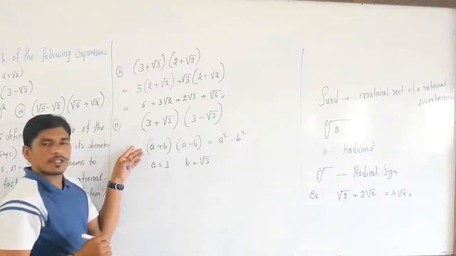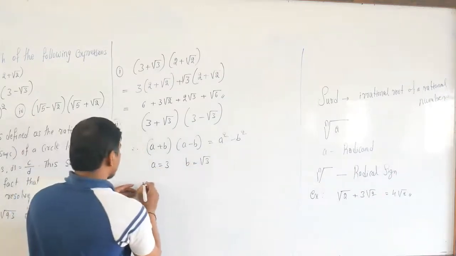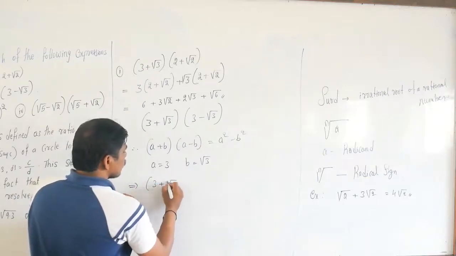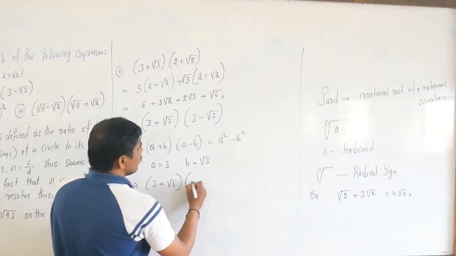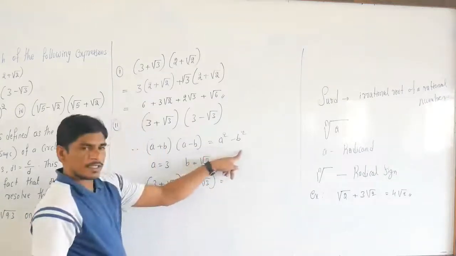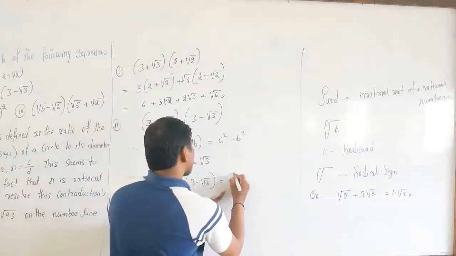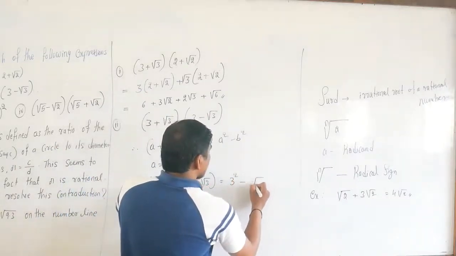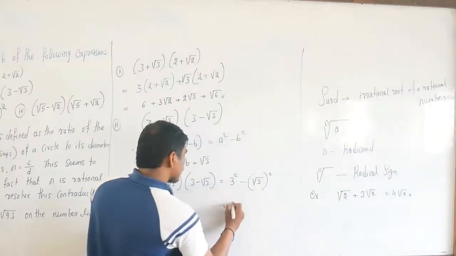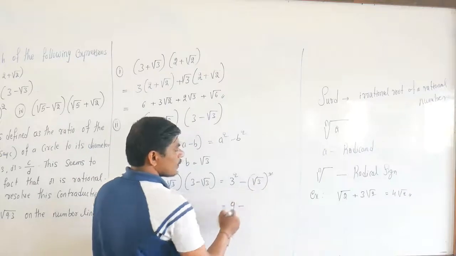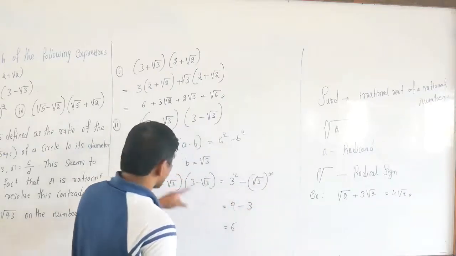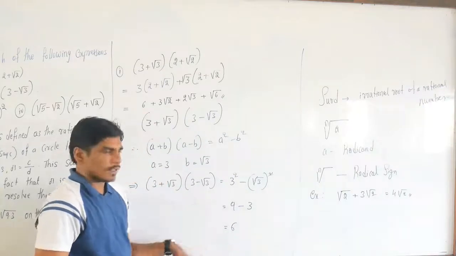Then directly you put it in the identity. This implies 3 plus root 3 into 3 minus root 3 is equal to a square minus b square, that is 3 square minus root 3 whole square. Now you simplify. 3 square is 9 minus, the square and root get cancelled, remaining is only 3. So the answer of this question is 6.